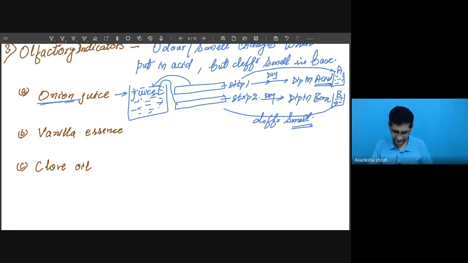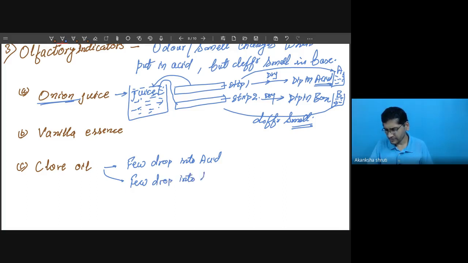The similar thing is for the vanilla essence and the clove oil; it is tested in a similar way. The oil is put drop by drop: a few drops into beaker A or acid and a few drops into base.